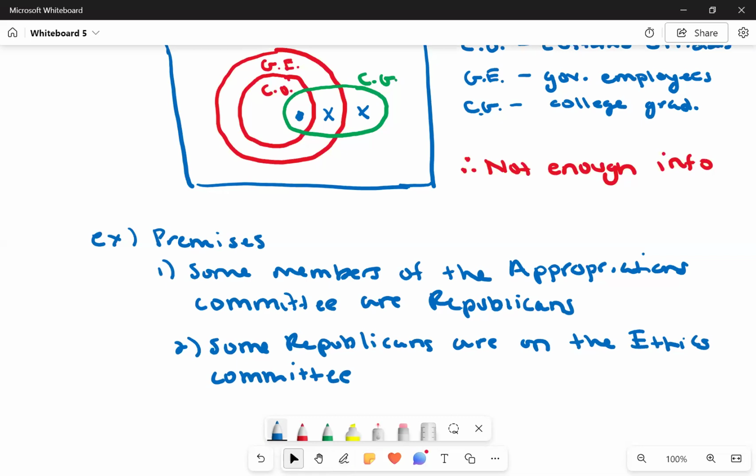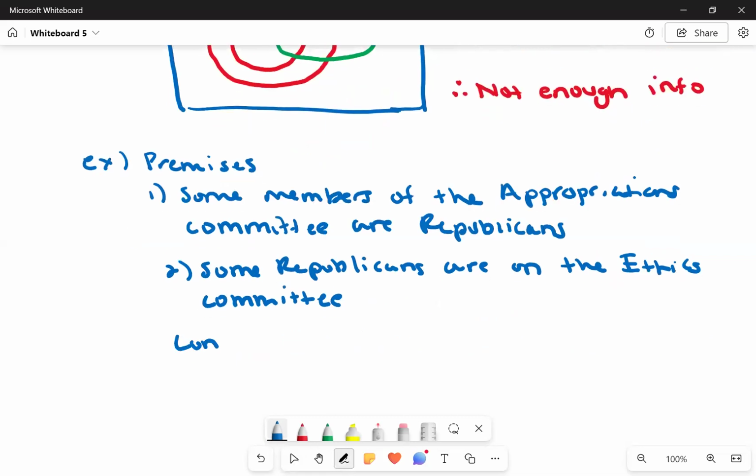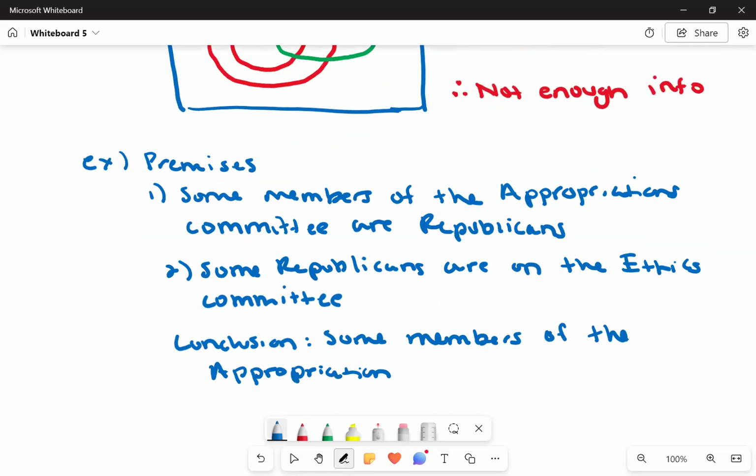So conclusion, some members of the Appropriations Committee are on the Ethics Committee.